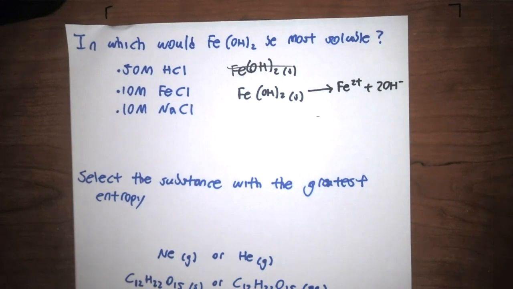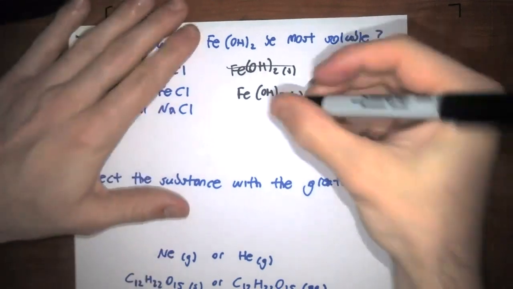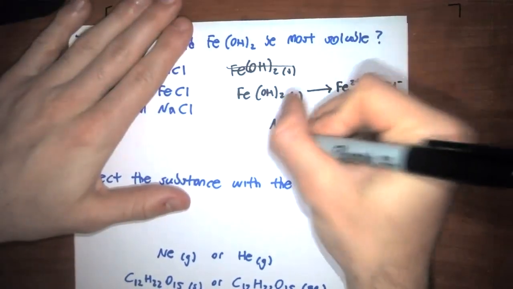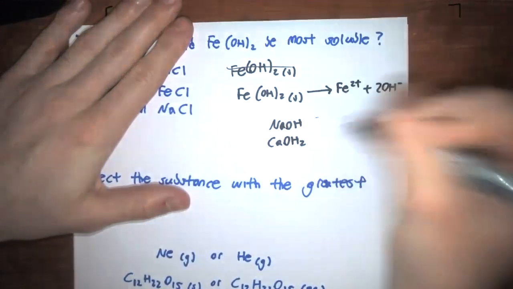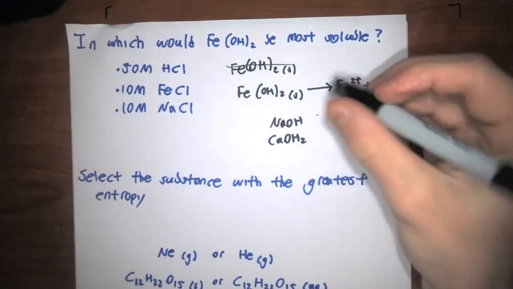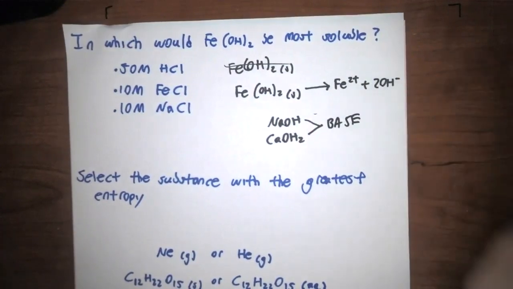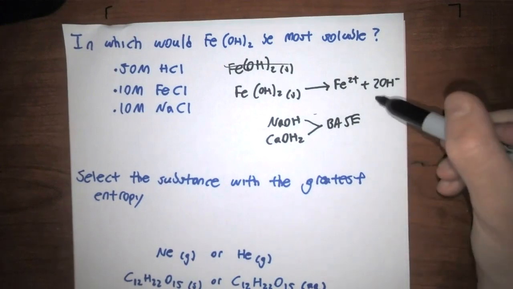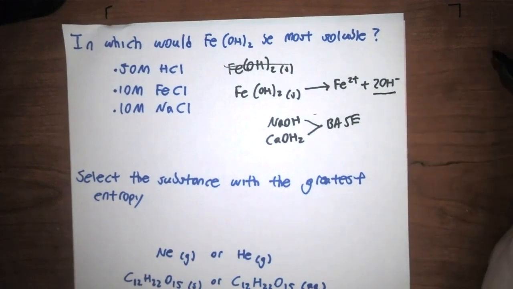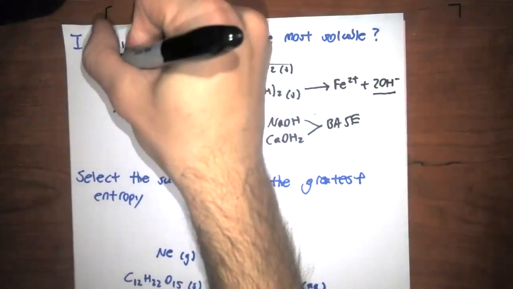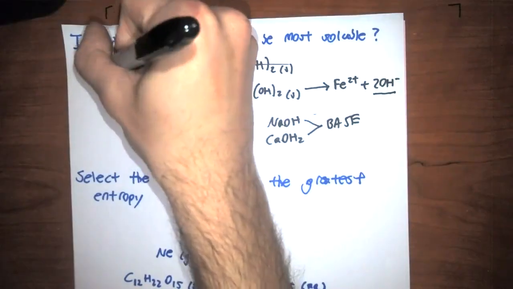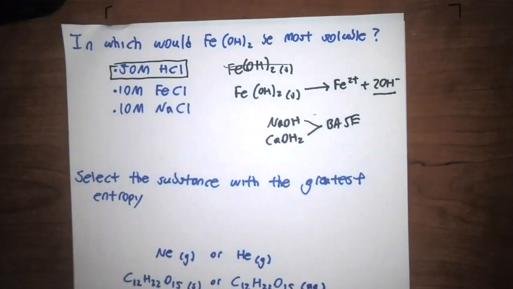What reacts well with OH minus? Well, we know OH minus makes things such as NaOH, Ca(OH)2, and so on. What are these two? Very strong bases. So if we have strong bases here, what do we need to neutralize those strong bases? A strong acid, which would be 0.5 molar HCl.